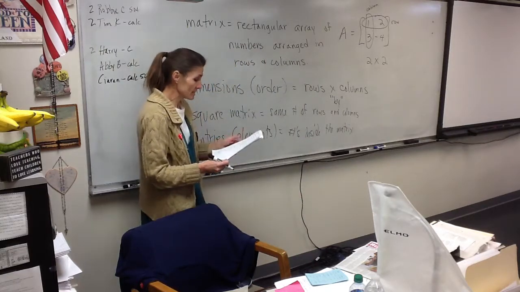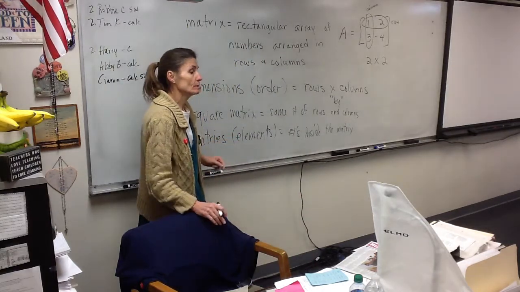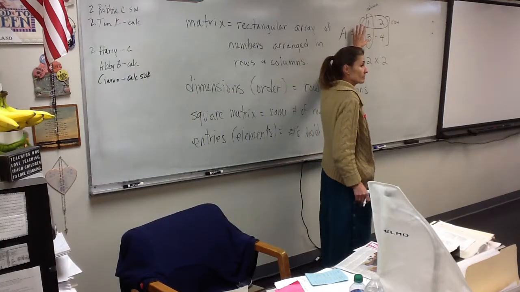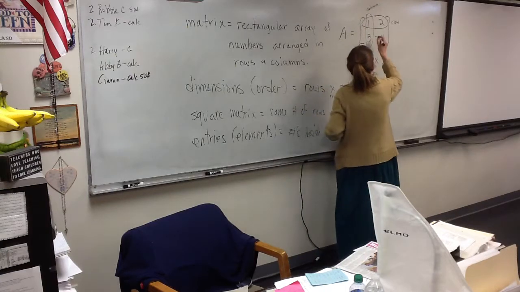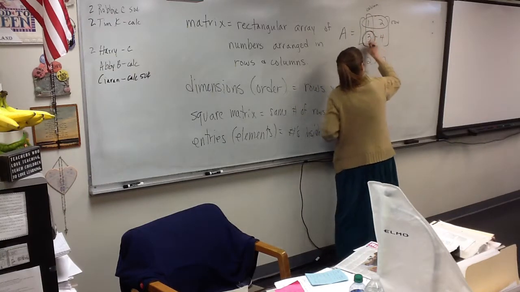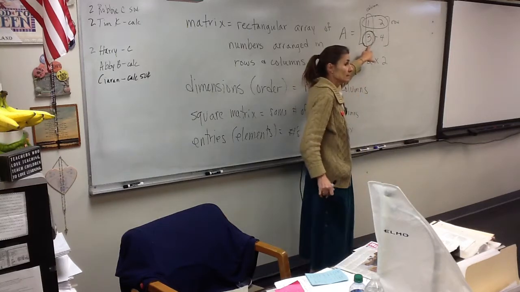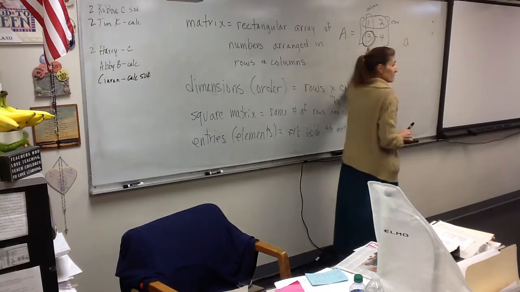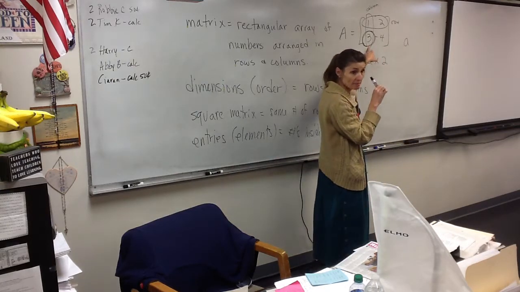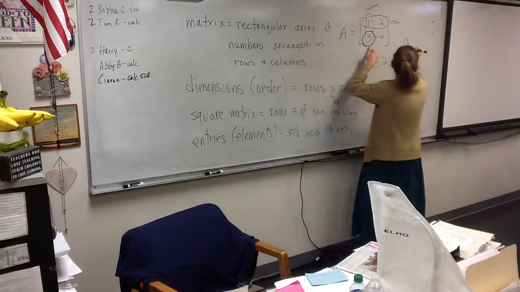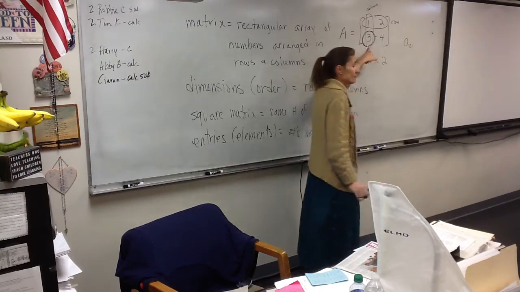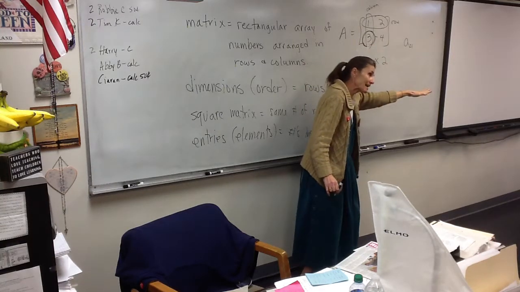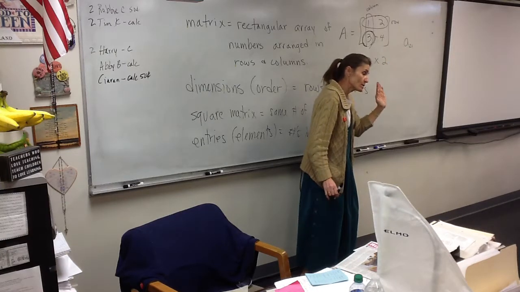Now, this is where I really need you paying attention. Let's go back to matrix A. If I wanted to talk about this number right here, here is how I would refer to it. With a little a, that tells me it's in matrix A, and the subscript on it would be 2, 1, because that number is in the second row, first column.